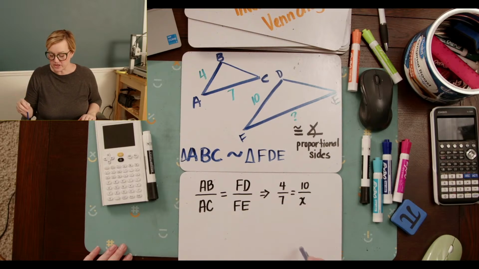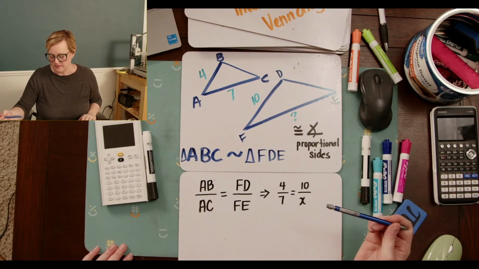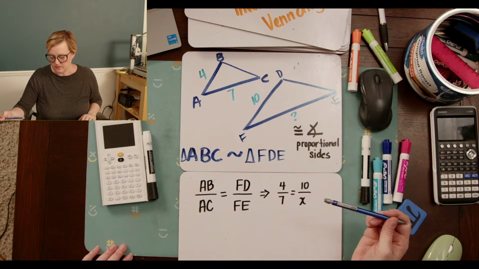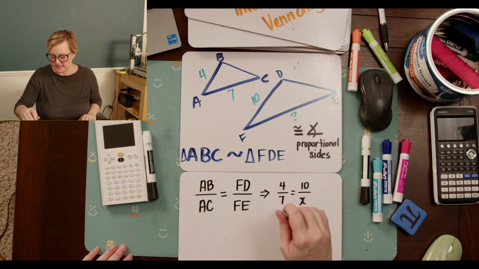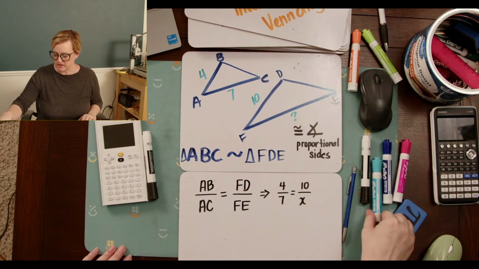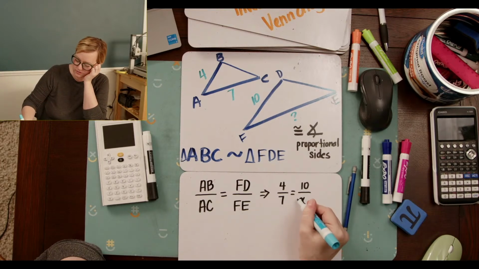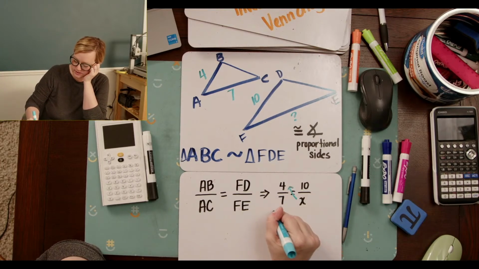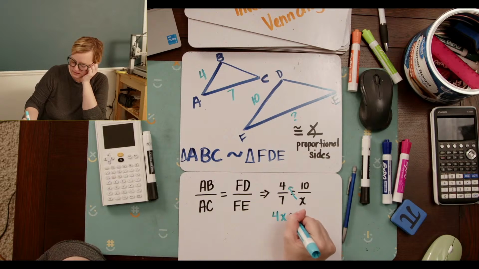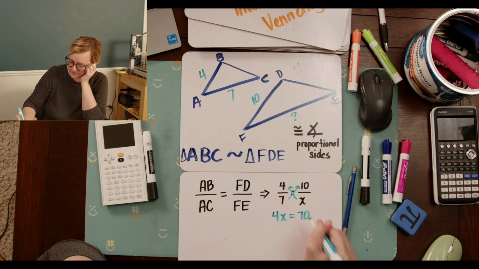But there are other ways you can do it, like 10 divided by 4 times 7. There's lots of different ways, but I like to do the cross products. So I got 4 times x, which is 4x, equals 7 times 10, which is 70.